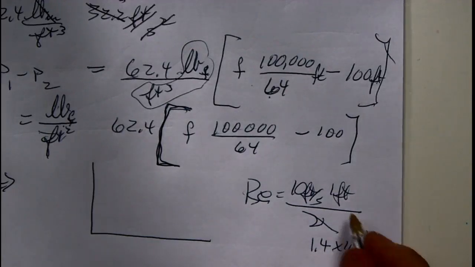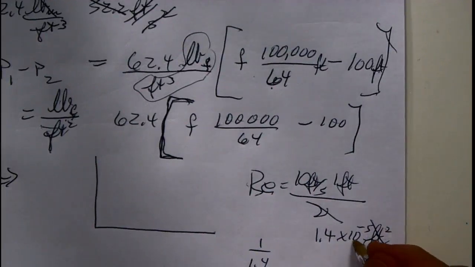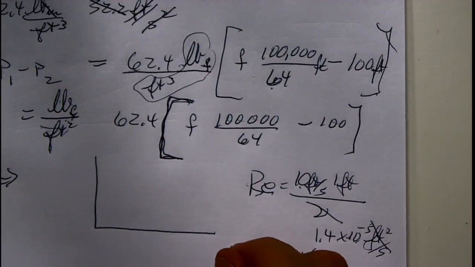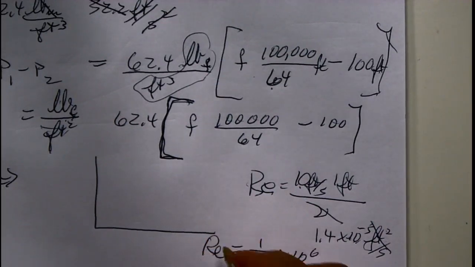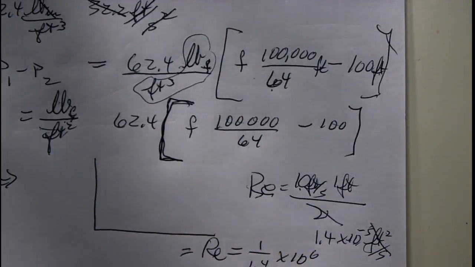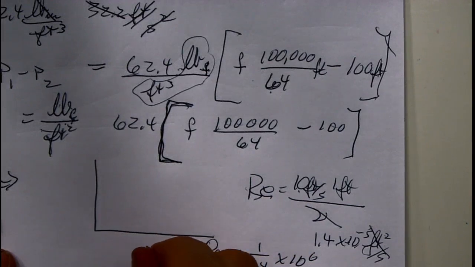Okay, the units cancel. So I have basically 1 divided by 1.4, times 10 to the sixth power is my Reynolds number, and that should be about 0.7, just for fun.